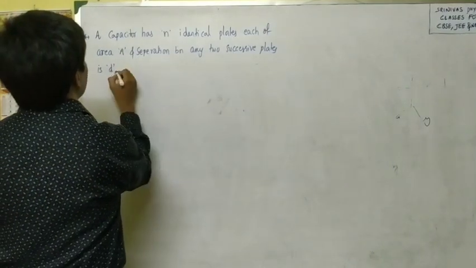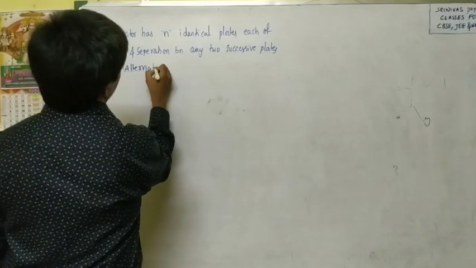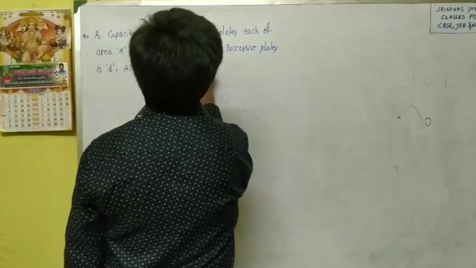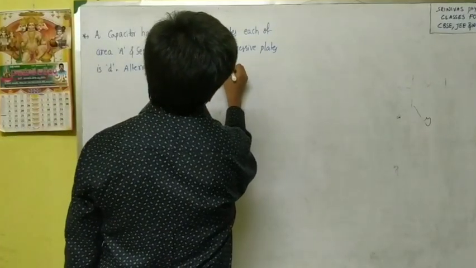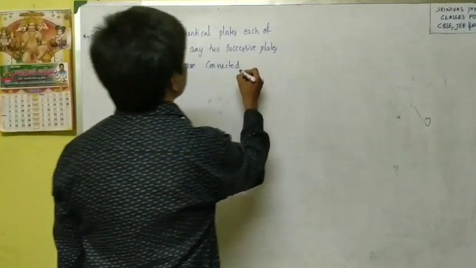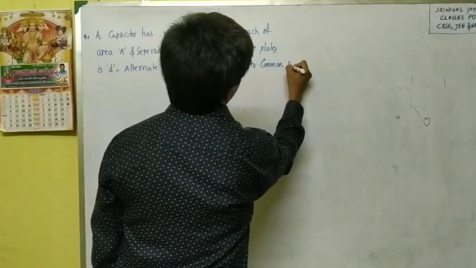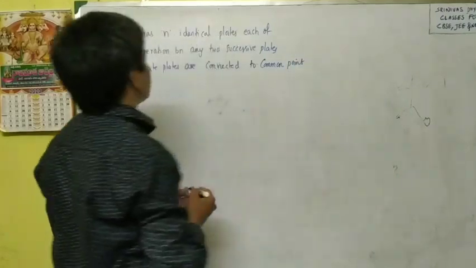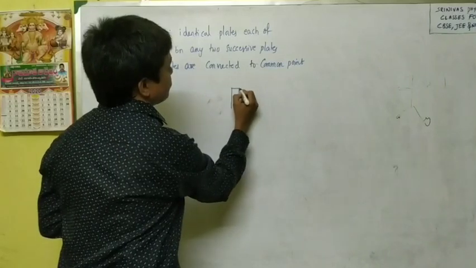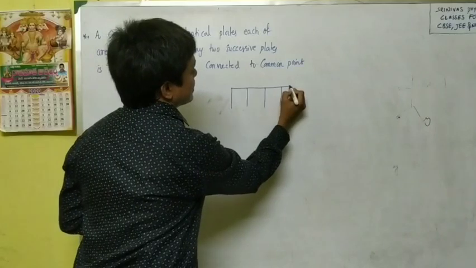Alternate plates are connected to a common point. Then what is the capacitance of that capacitor? It looks like this, one capacitor with many plates.